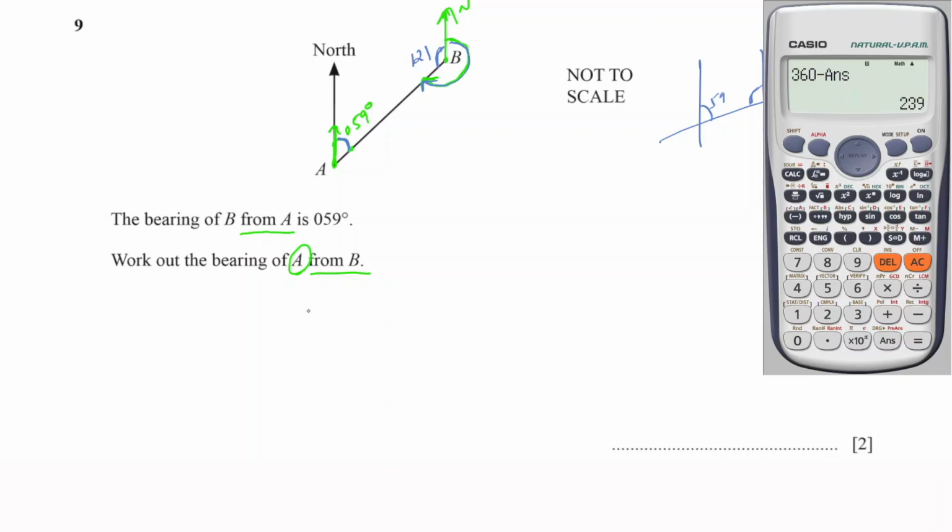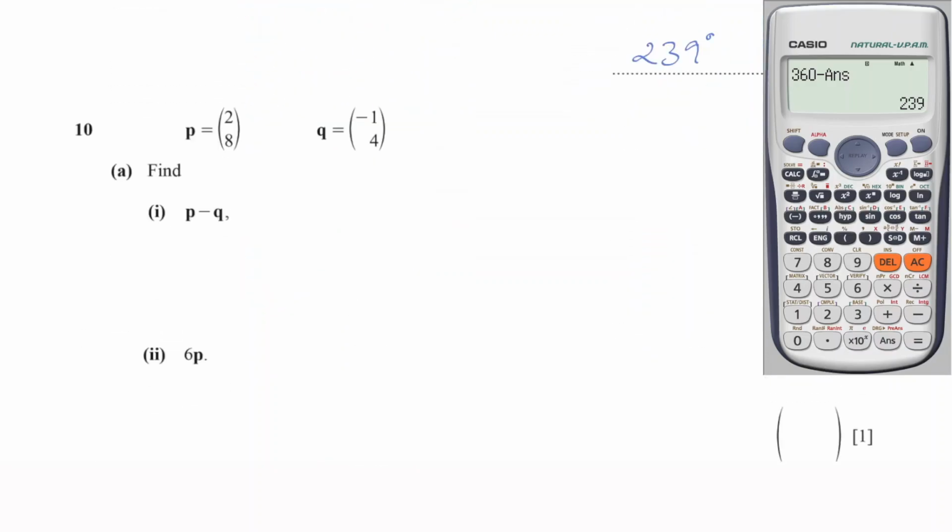So first we subtracted 59 from 180 and we got 121, and then we subtracted 121 from 360 and we got the answer 239. So that's our final answer. Okay, let's move on.